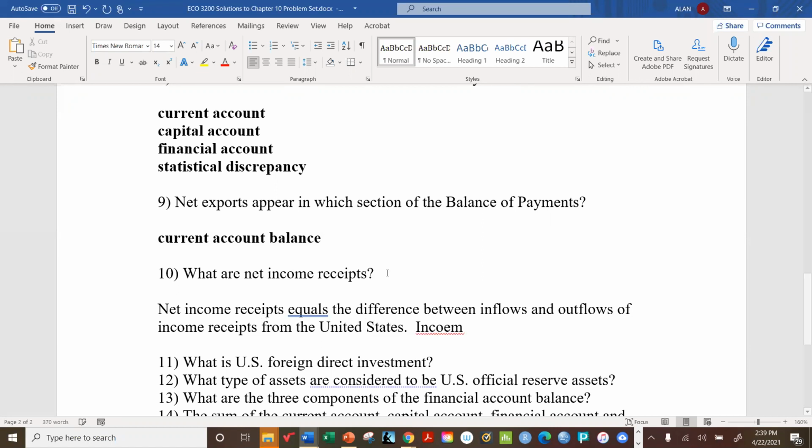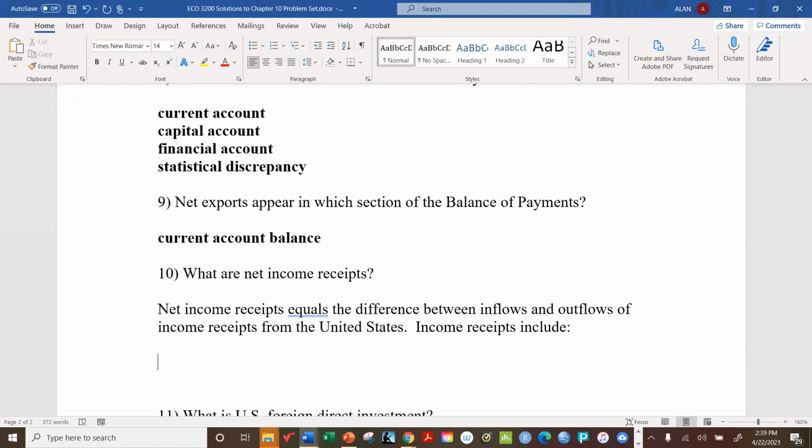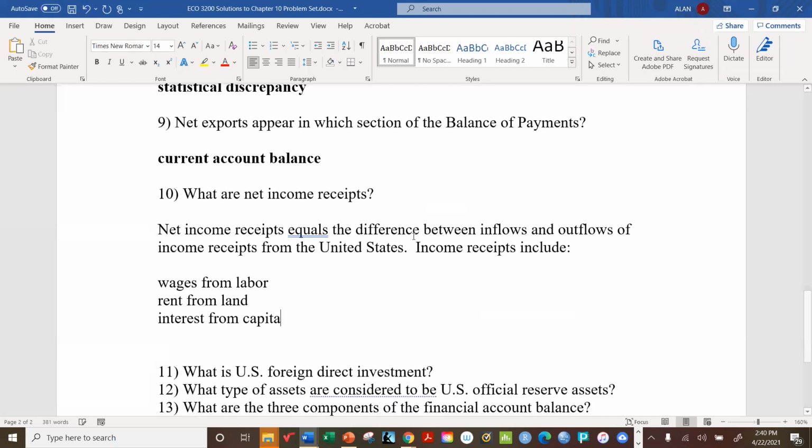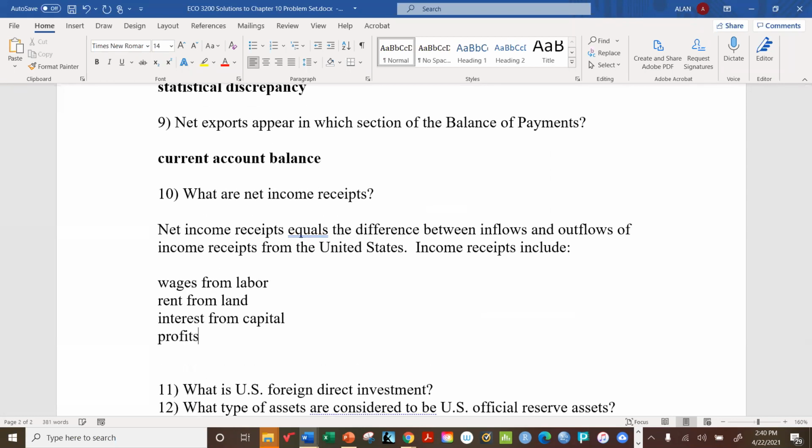Income receipts include, so the four basic categories would be wages from labor, rent from land, interest from capital, and finally profits from entrepreneurship.